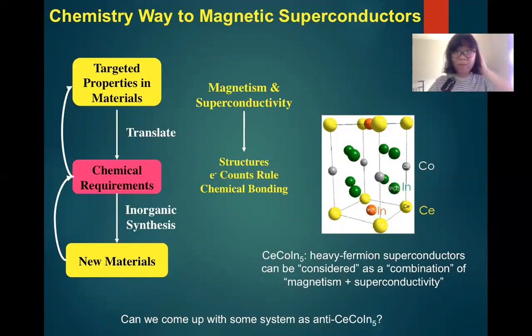So how can we come up with this idea? How can we design this kind of new material? First of all, we have a targeted property in the material. Our goal is to make a magnetic superconductor. That's to say this kind of material should have magnetism and superconductivity. Then we translate this concept of physics in magnetism and superconductivity into chemical requirements for synthesis, using rules like structure, electron counting, and chemical bonding.